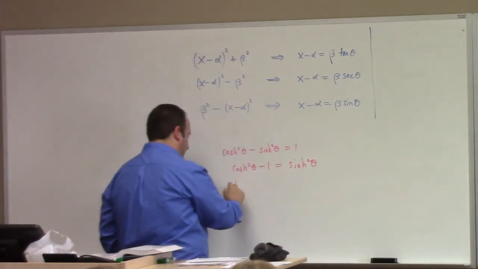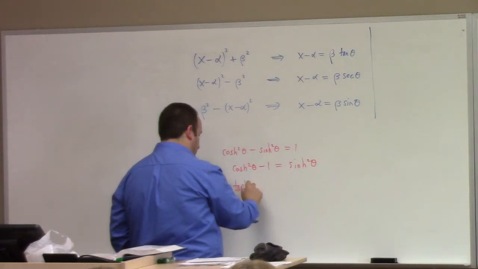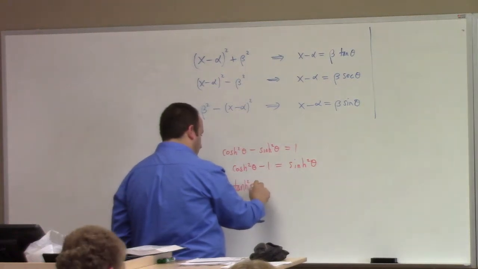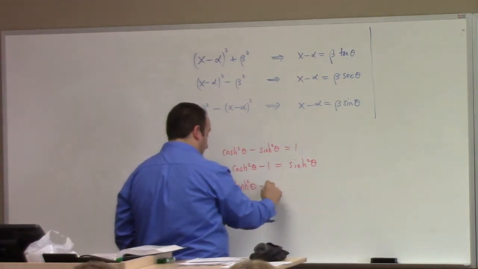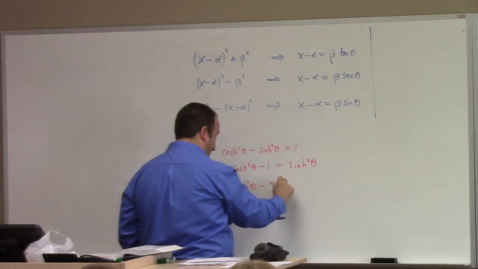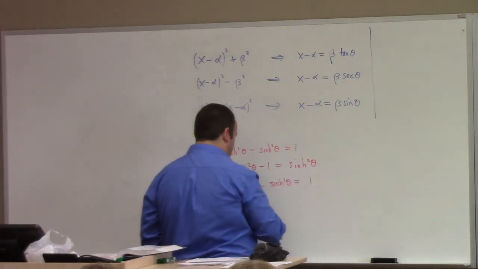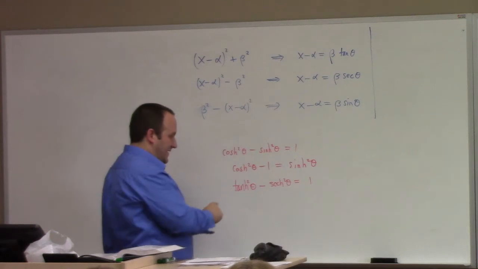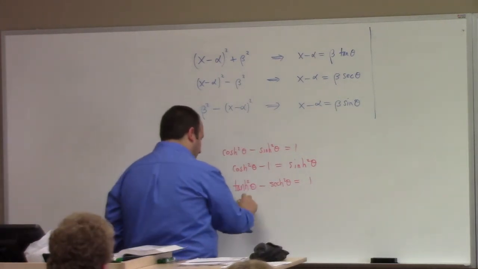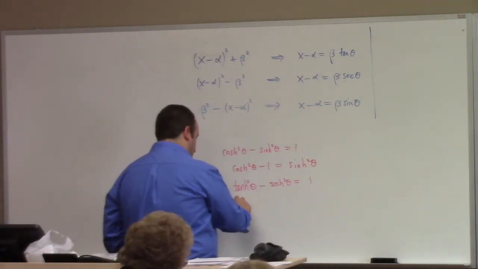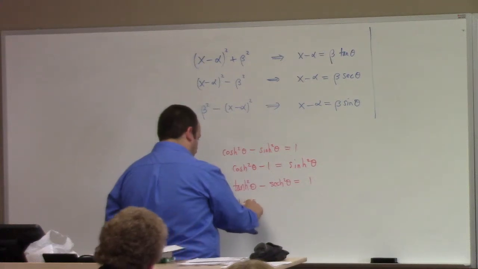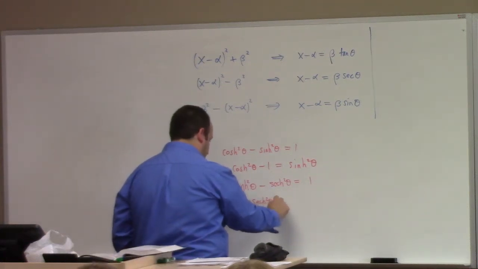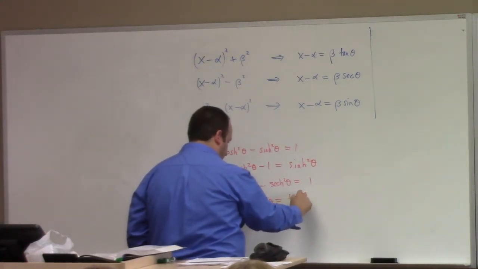And it also gives me that the hyperbolic tangent squared theta minus the hyperbolic secant squared theta is equal to 1. That's not particularly useful, but we can see that 1 plus hyperbolic secant squared theta is equal to hyperbolic tangent squared theta.